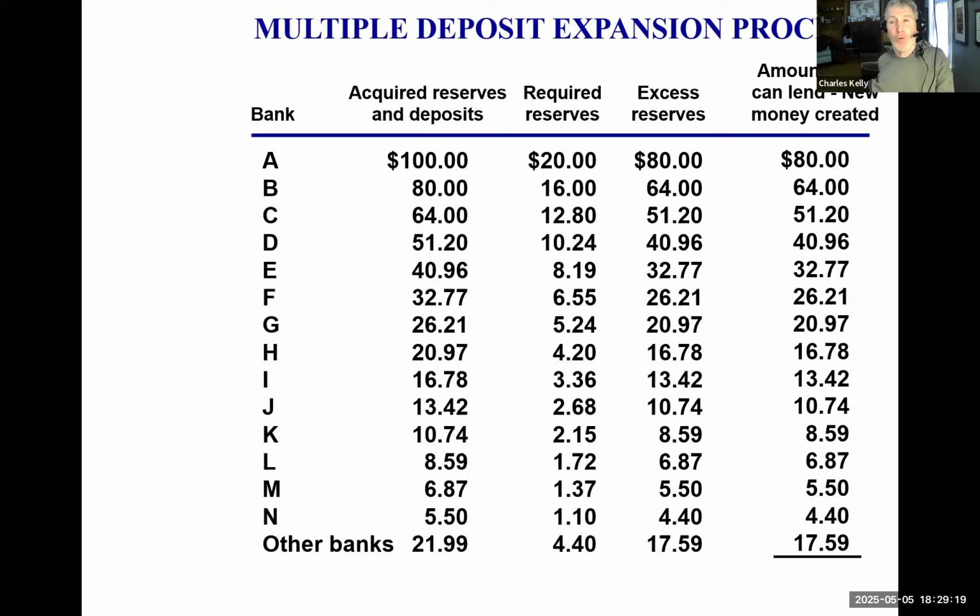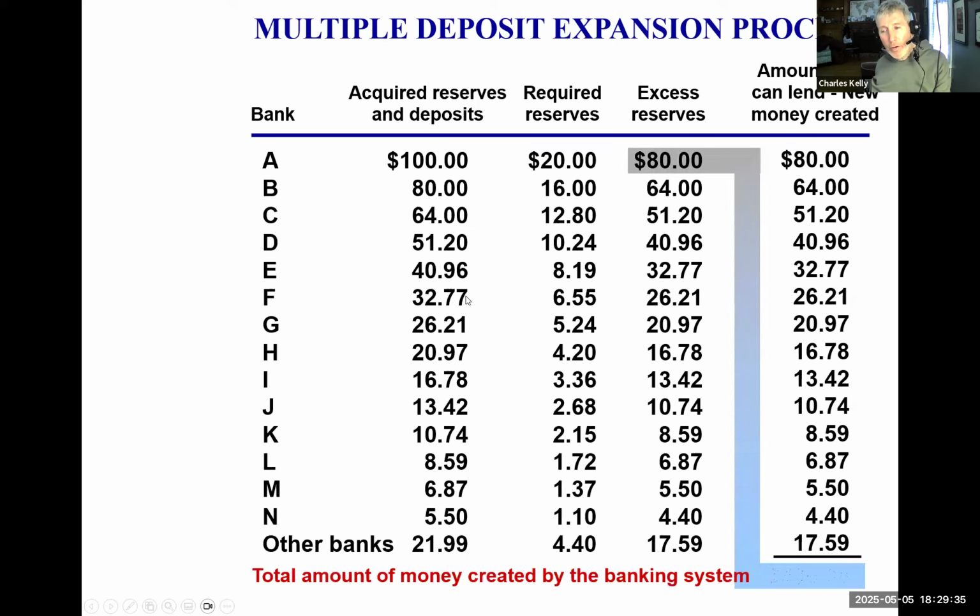That 16 million is required reserves. And you say, okay, first Bank A lent out 80, then Bank B lent out 64, and so on and so on. Theoretically, the banking system could create a total of 400 million in new monies, maximum checkable deposits.